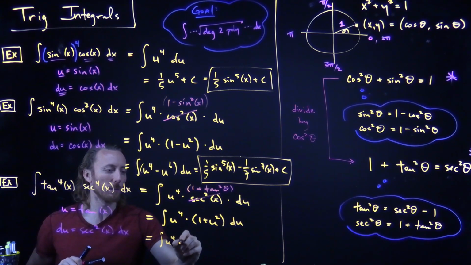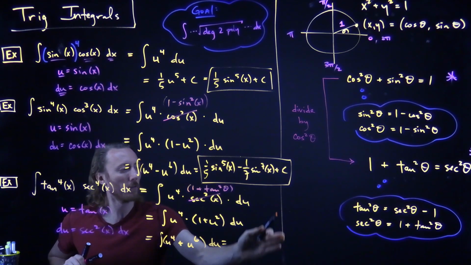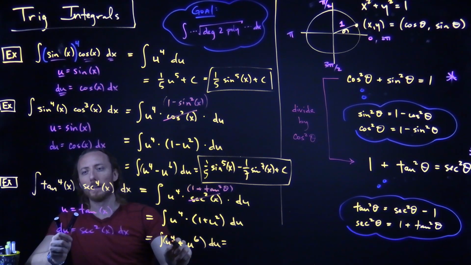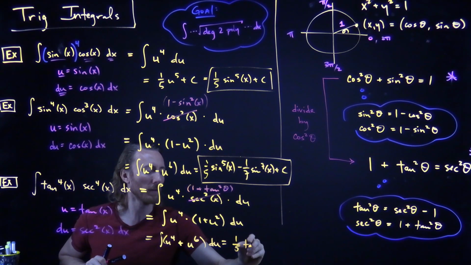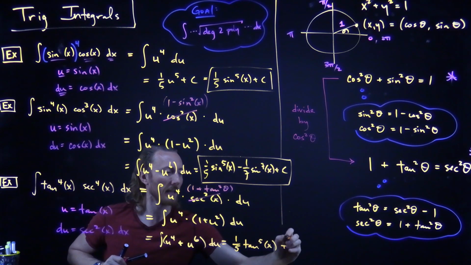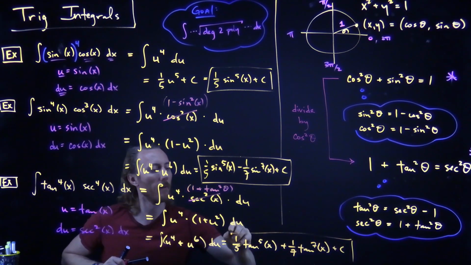You can just use a polynomial product to get yourself a polynomial expression which is frankly very nice to compute with. And let's see, taking two steps at once here, because u is tan x, 1/5 u to the fifth would be 1/5 tan to the fifth. This is actually going to look real similar to the last one. And then 1/7 tangent to the seventh will ultimately resolve the situation.